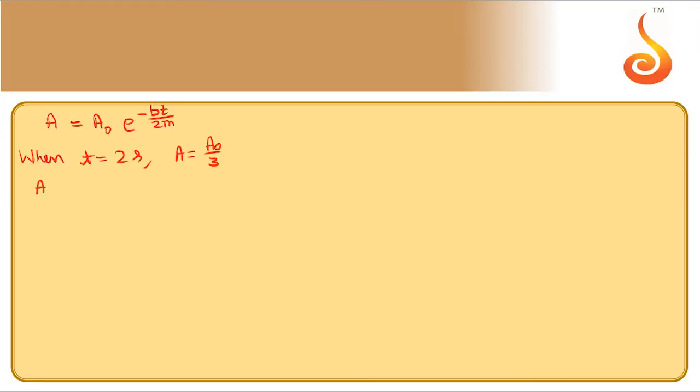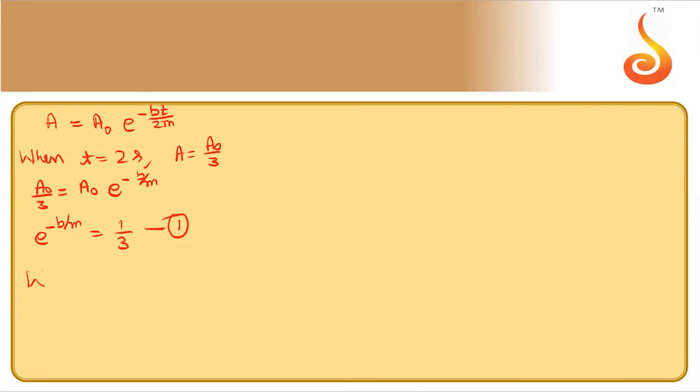So A0 by 3 equals A0 into e to the power minus b into 2 divided by 2m, which becomes b by m. So e to the power minus b by m equals, A0 getting cancelled, 1 by 3. Call it equation 1.